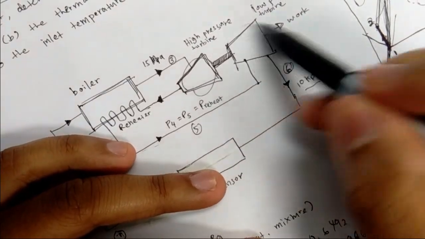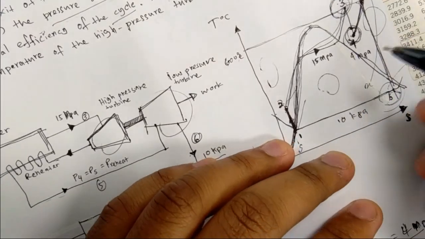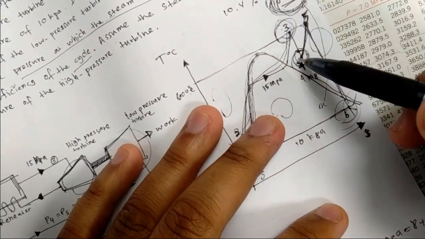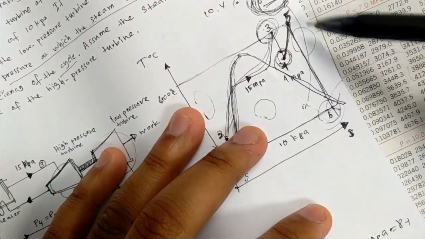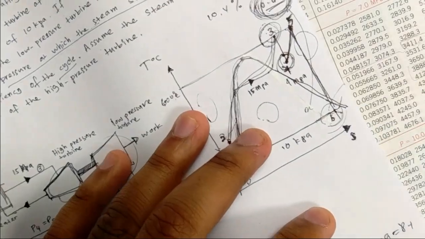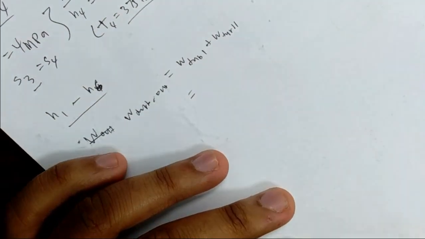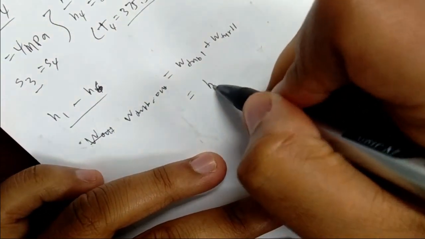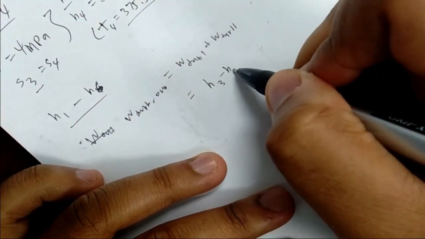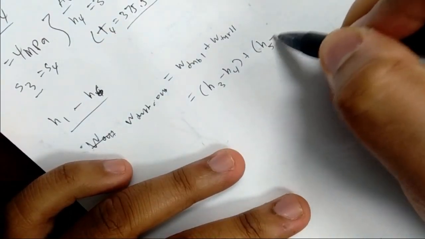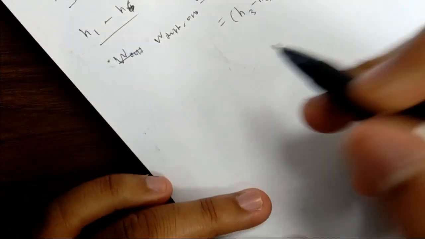Turbine 1 is between state 3 to 4, and turbine 2 is between state 5 to 6. So your formula is going to be H3 minus H4 plus H5 minus H6.